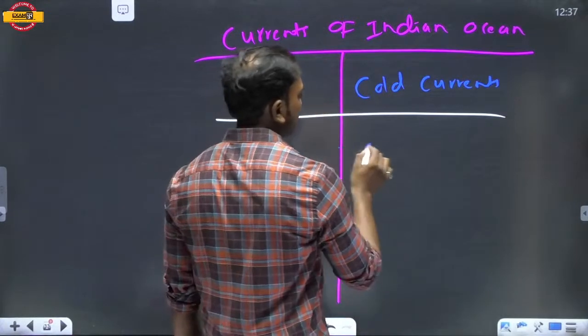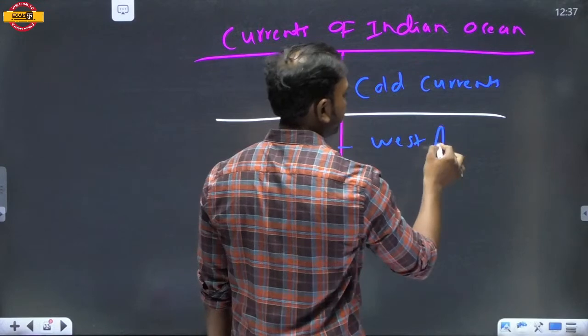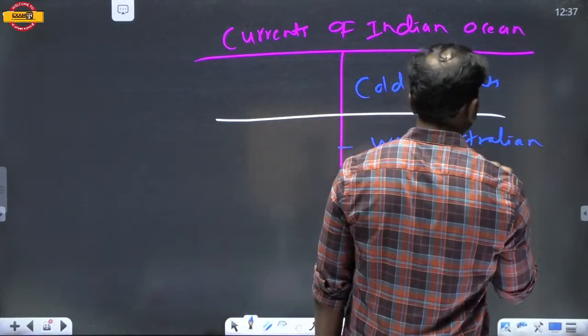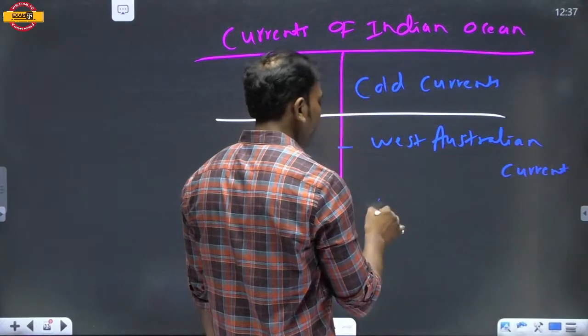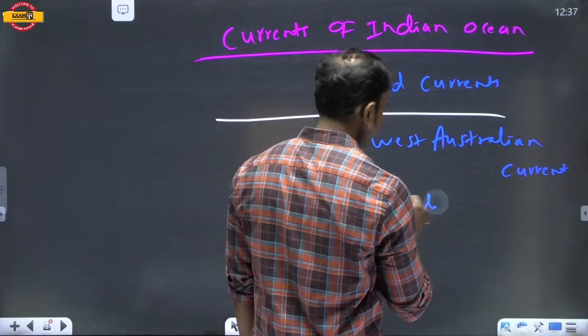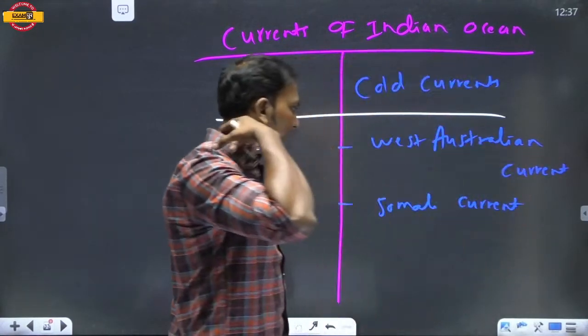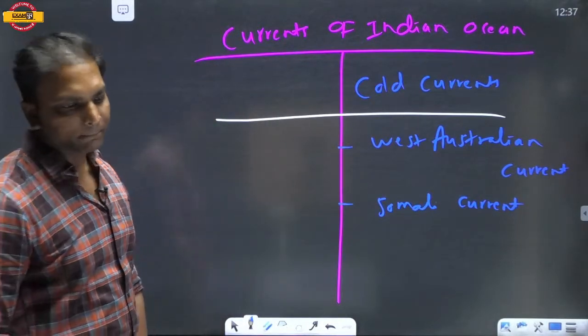The cold current is the West Australian current, which is present throughout the year, and the exceptional Somali current is also formed on the eastern coast of Africa.